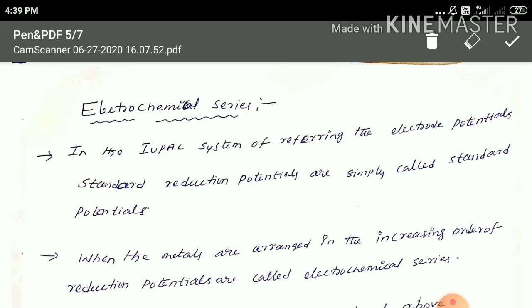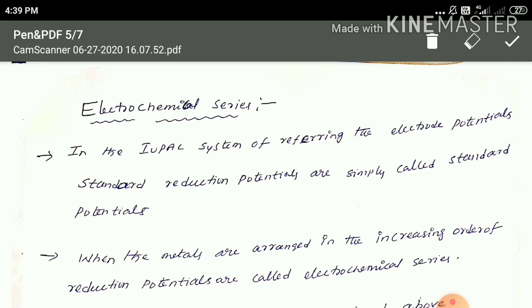Now I am going to define the electrochemical series. When metals are arranged in the increasing order of standard reduction potential values, it is called the electrochemical series.